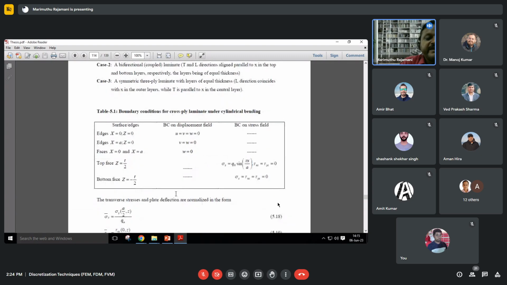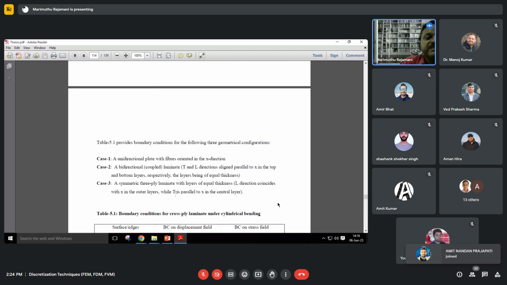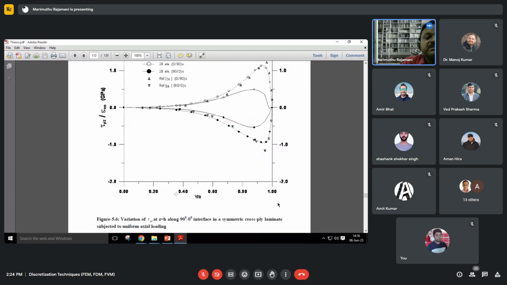By using a displacement based finite element, you will not get sigma z, tau xz, tau yz accurately. And why is that very essential? Because they contribute to delamination.